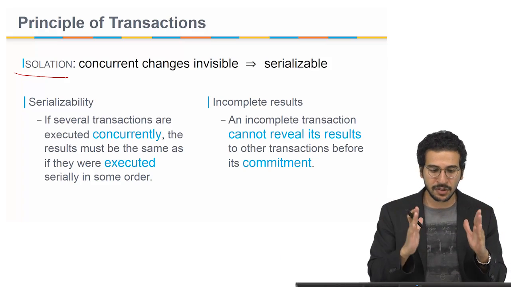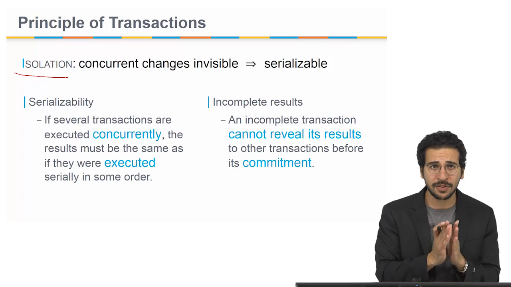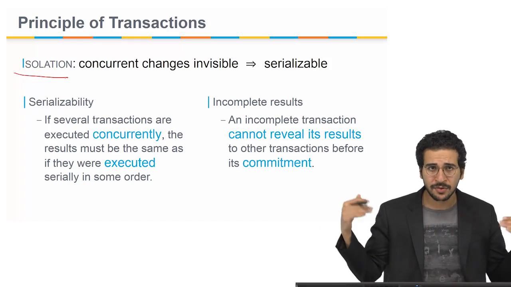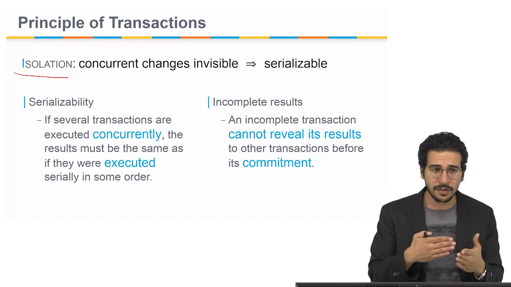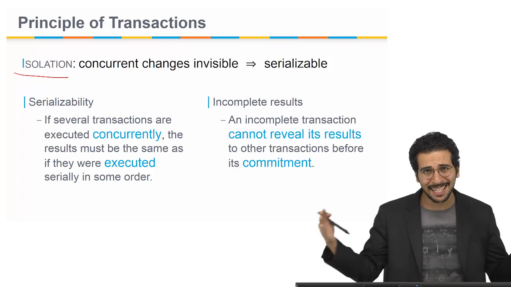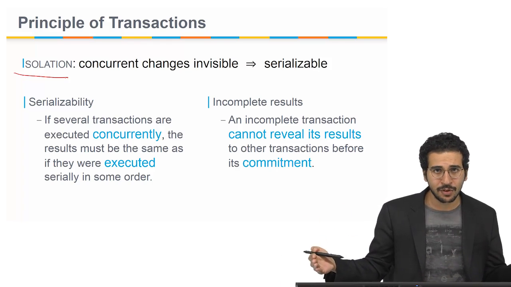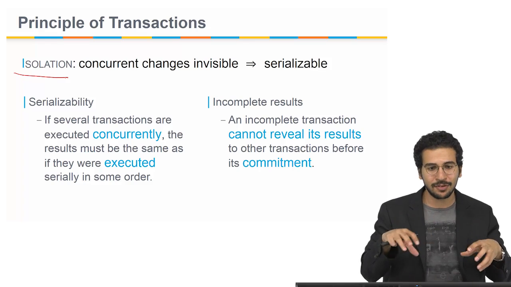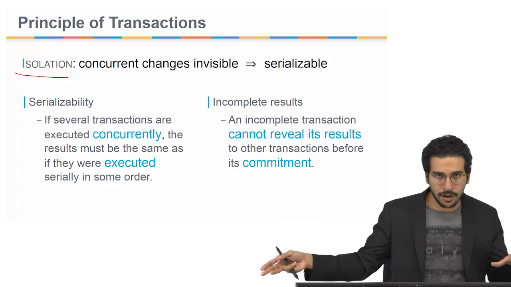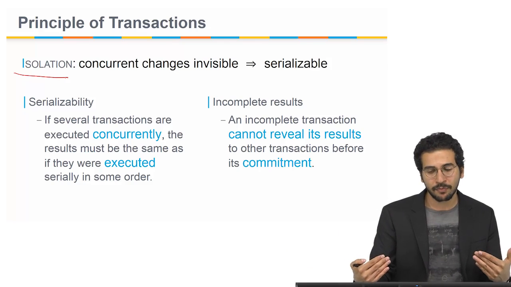This concept ensures that each of these transactions knows nothing about the other transactions running concurrently, and from when they start until they finish, they're totally isolated. So this means we cannot reveal the results of other transactions to another transaction before the transaction is committed.